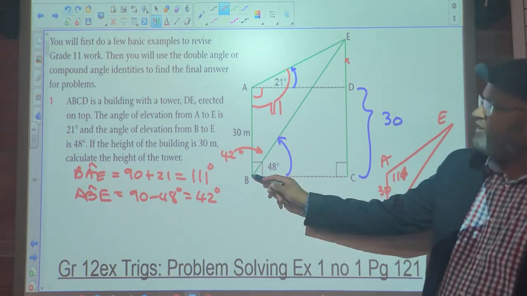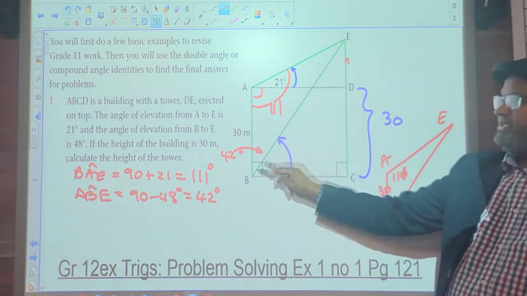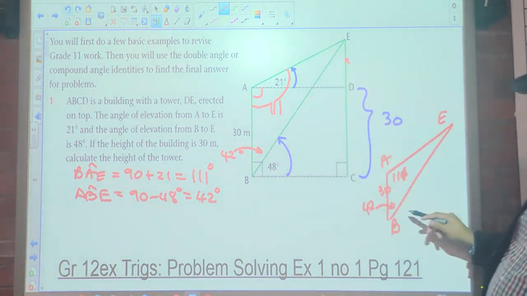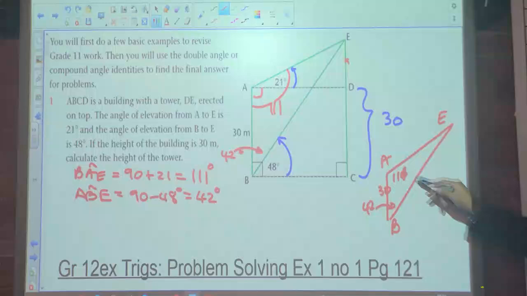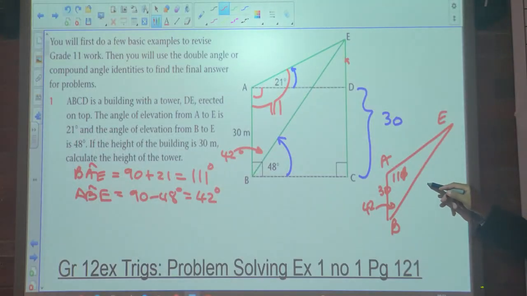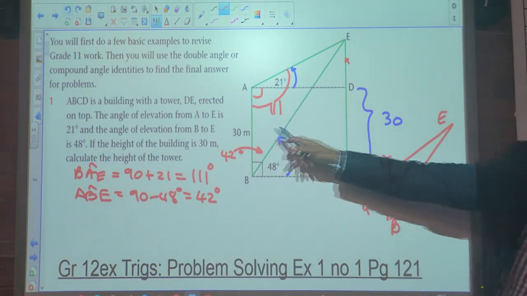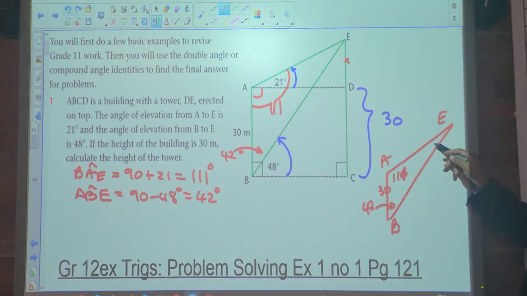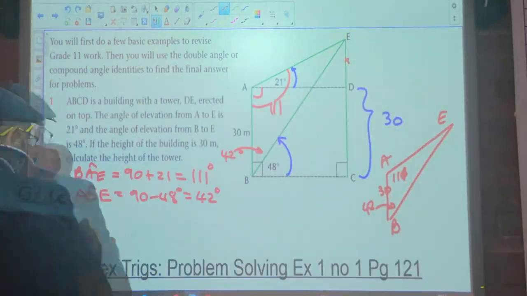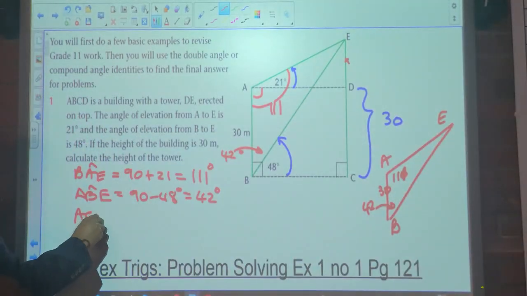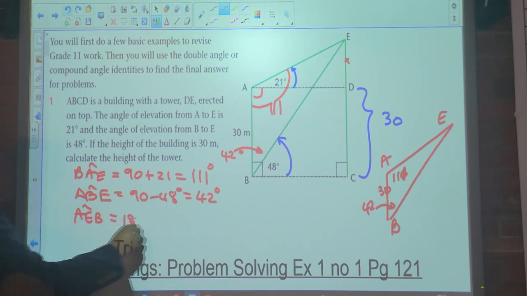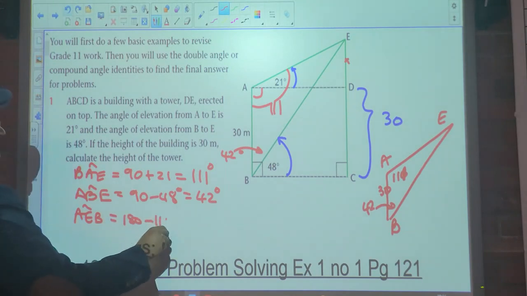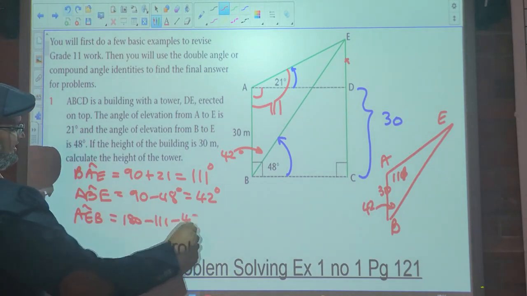So remember, what did I say? What did we need? We need BE. So, do we have the angle opposite BE? Yes. Do we have the angle opposite 30 meters? No. Can I work it out? Yes. So, AEB is equal to 180 minus 111 minus 42.